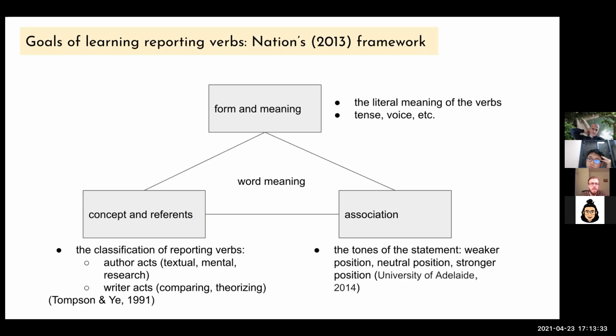Now, back to the concept of conceptualization, after a lot of research, this is how we decided to finally define the learning goals under Nation's theoretical framework. There are three different aspects under the learning the meaning of the words stage.